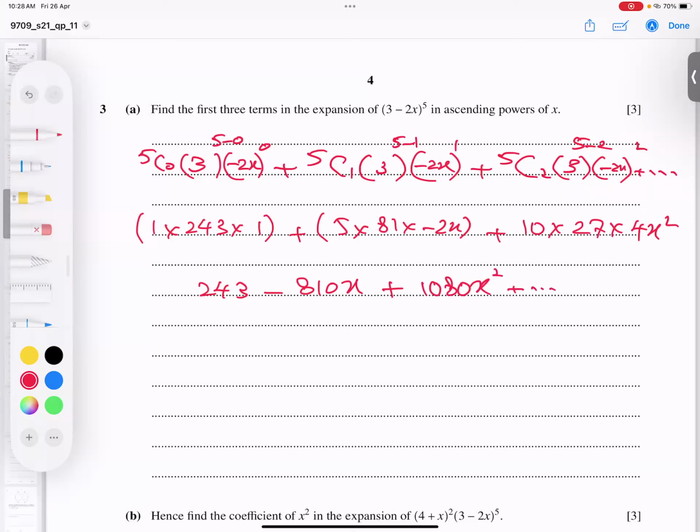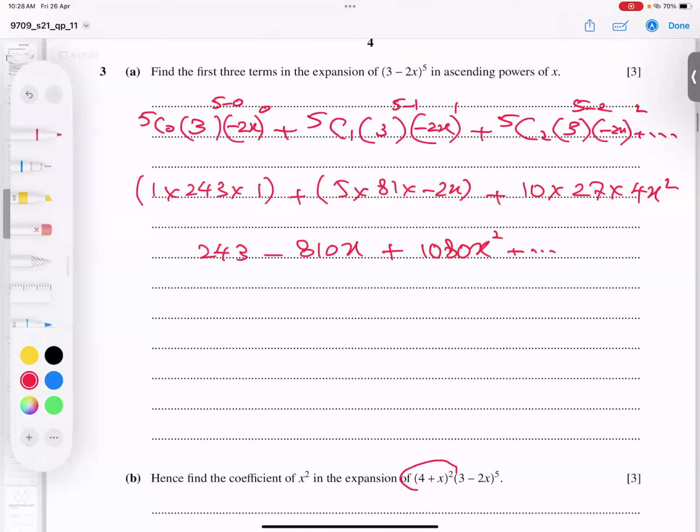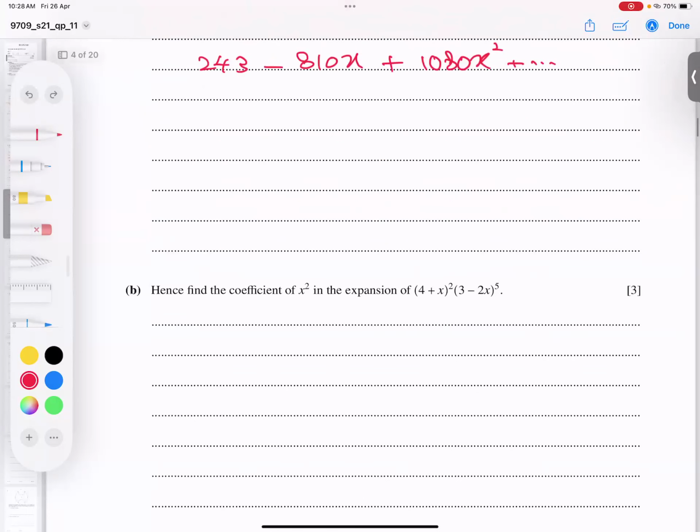So on and so forth. Anyway, what is the next part he's asking for? Is this matching? Yes, fully matching. So the whole answer will come in the place of it. But before that, I will expand 4 plus x whole square.